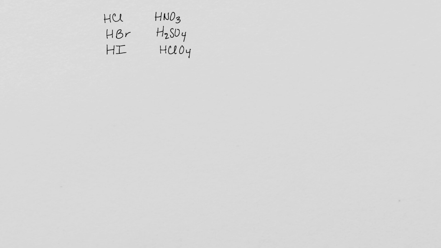So sulfuric acid is interesting because you notice that all of these, with the exception of sulfuric acid, only have one H. So those are called monoprotic. Sulfuric acid is diprotic, meaning it has 2 protons.